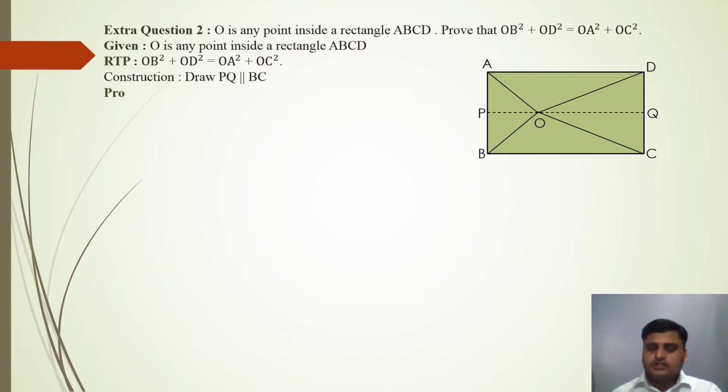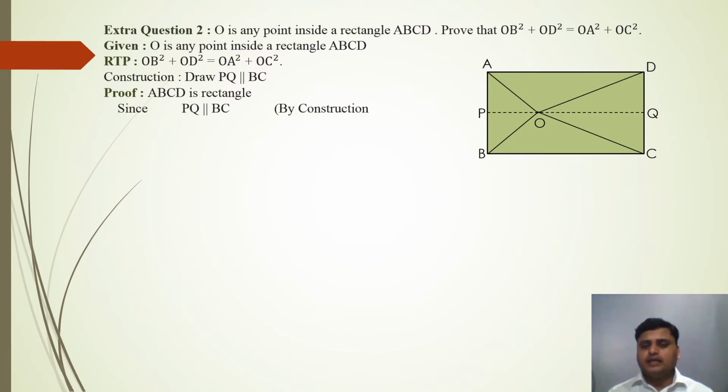Now we will do the construction. Draw PQ parallel to BC. Now let's begin the proof. It is given that ABCD is a rectangle, which means all angles are equal to 90 degrees, and we assumed in the construction that PQ is parallel to BC.